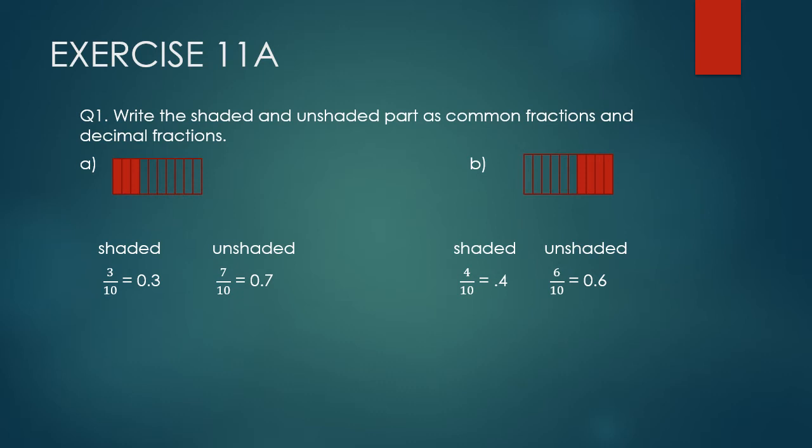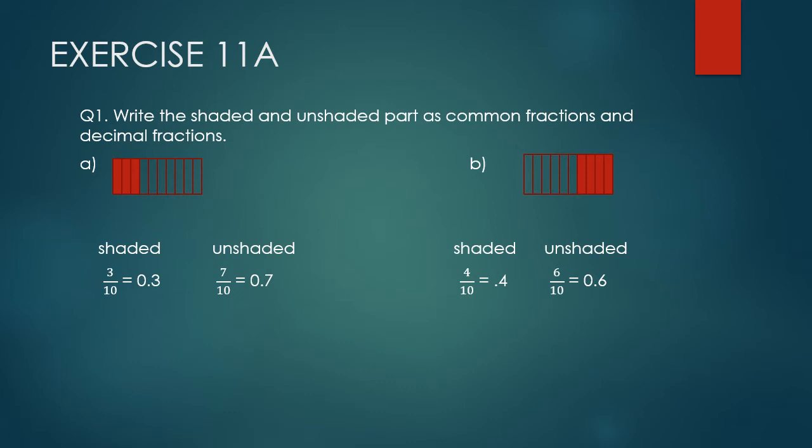We have 3 shaded parts, so we can write it as 3 upon 10, and 3 upon 10 can be written as 0.3 in decimal form.